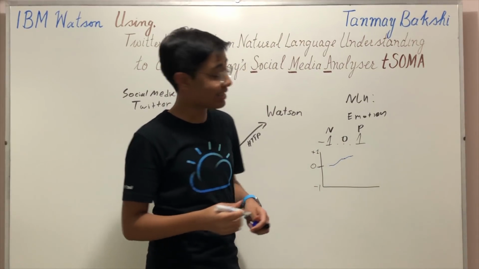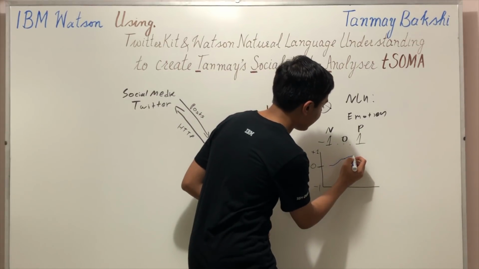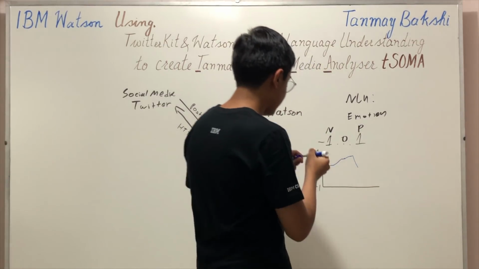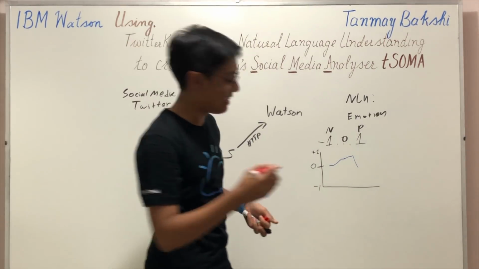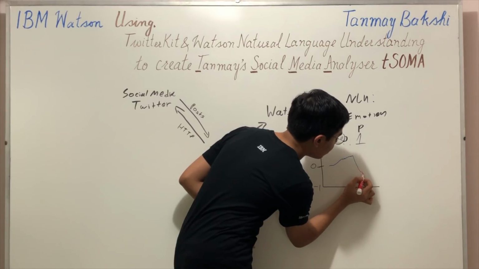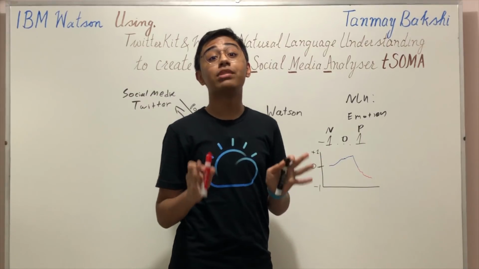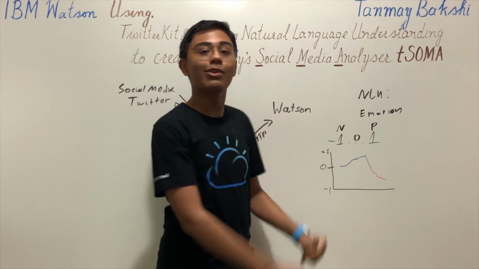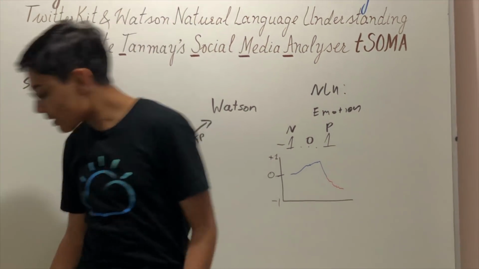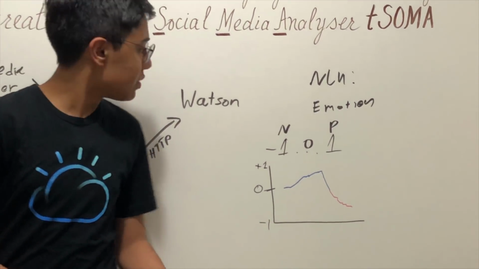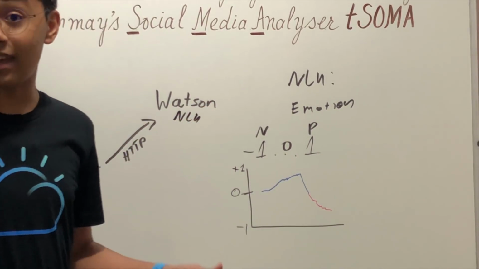But then, as it starts to go down, let's just say at this moment Google Drive went down, it'll actually start to go down right as it reaches 0, and then right after that, it's going to be red because it's in the negatives, and you will see the red. And so it's just a great graphical interface, and so it works out absolutely perfectly. Watson fits in perfectly with our Graph SDK, no extra processing required, so it's very, very convenient. And so that's exactly why we're using natural language understanding instead of sentiment analysis, just in case you were wondering.